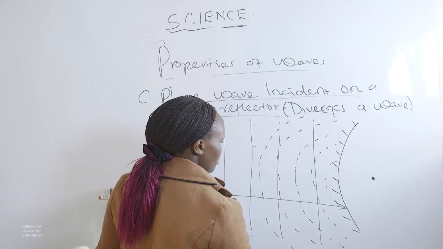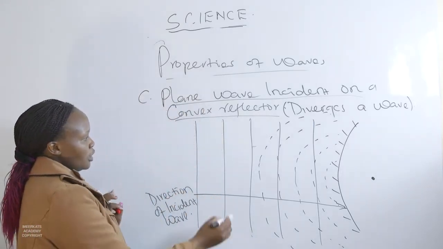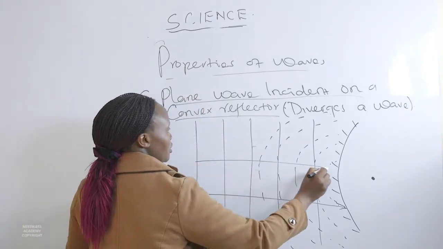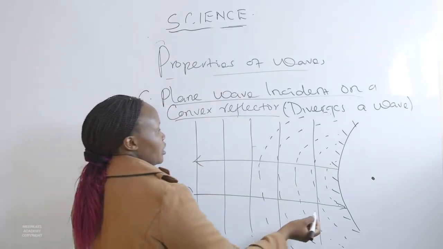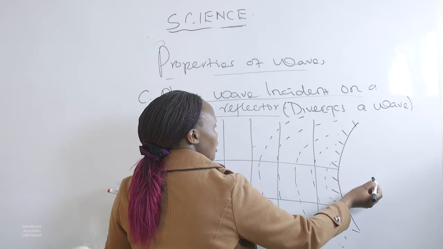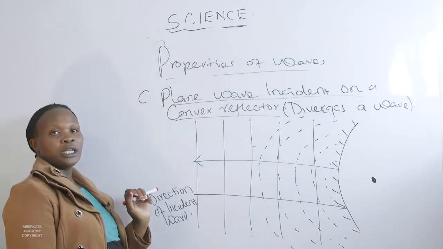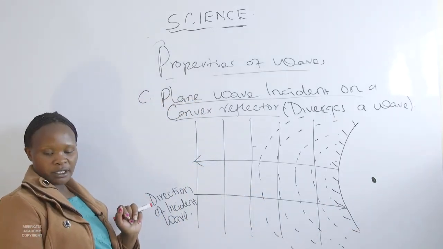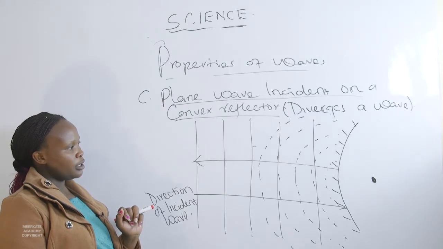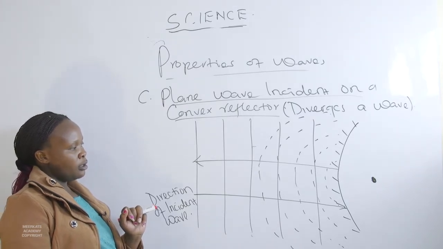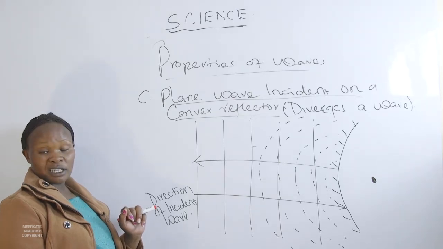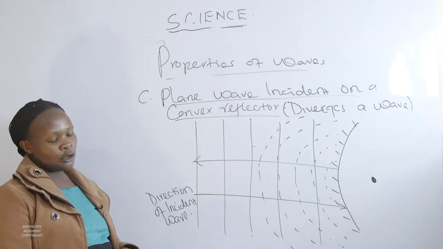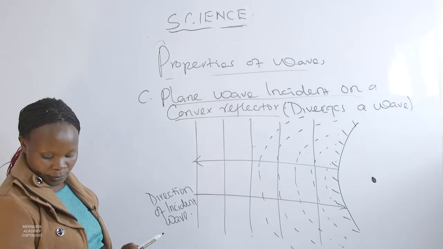They actually change from plane to circular in the opposite direction, and they appear to diverge from some point at the back of the reflector, showing that our reflecting surface is actually convex.